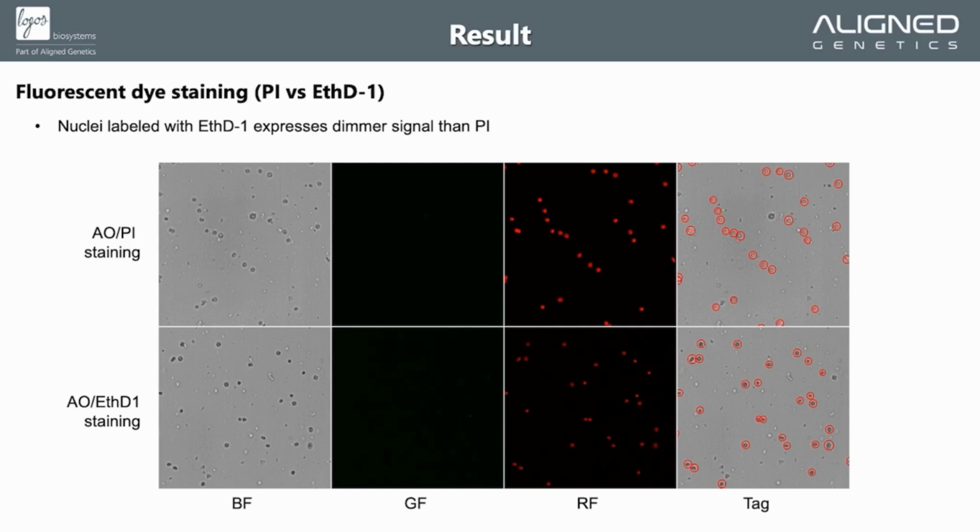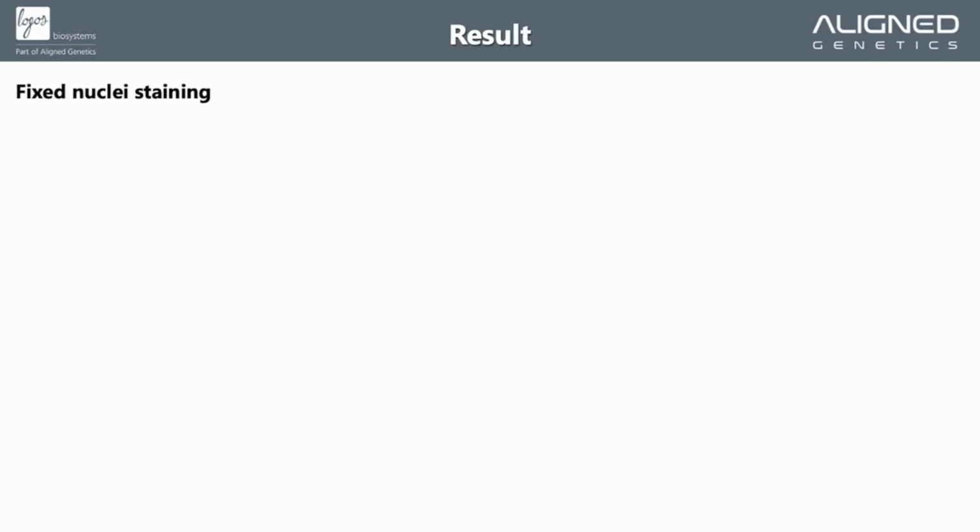AOPI expresses a higher signal overall, whereas AO ethidium homodimer shows a dimmer signal. However, Luna FX7 can successfully tag either one. So if you only have ethidium homodimer available, it's acceptable. But if you have access to PI, we highly recommend using PI.